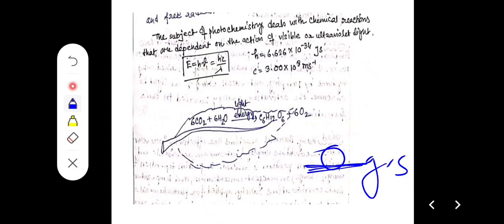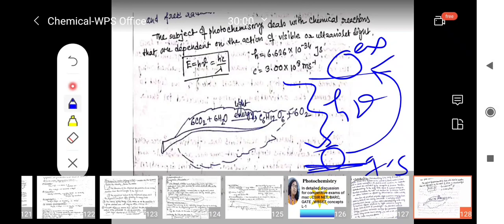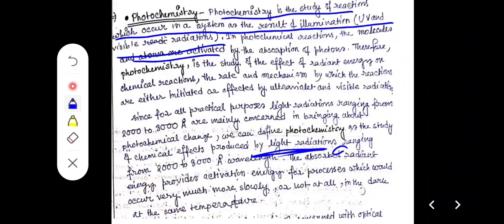But after absorbing h nu, that is photo energy, it jumps to the first excited state or maybe further excited states. In this way, any ground state atom or molecule or electron is promoted to a higher excited state by absorption of a photon.